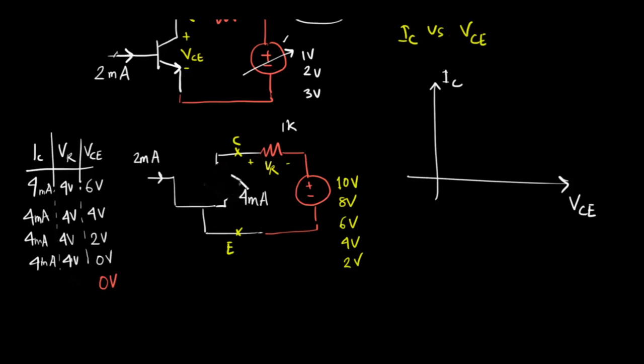In this case, we can find the current by dividing the supply voltage by this resistance. So for a 2 volt supply, the current will be 2 volt by 1 kilo ohm, that is 2 milliampere.